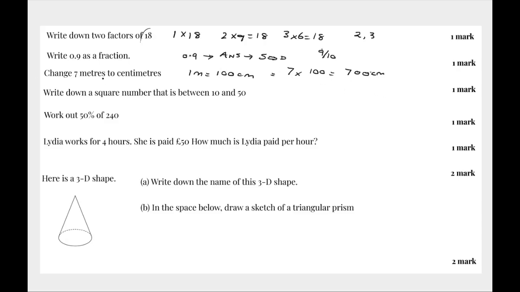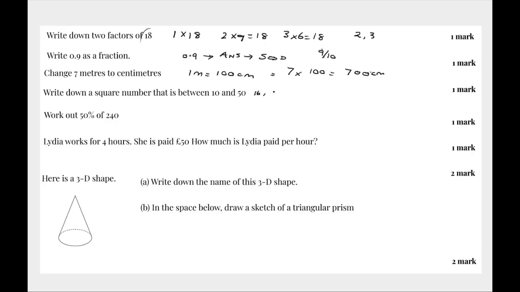Write down a square number that is between 10 and 50. So, would you use a calculator for this? You could do, but you've been doing trial and error forever. So, you've got to think on your feet and you've got to revise your square numbers before you go in. So, I know that I'm going to start with 16 because 4 squared is 16.